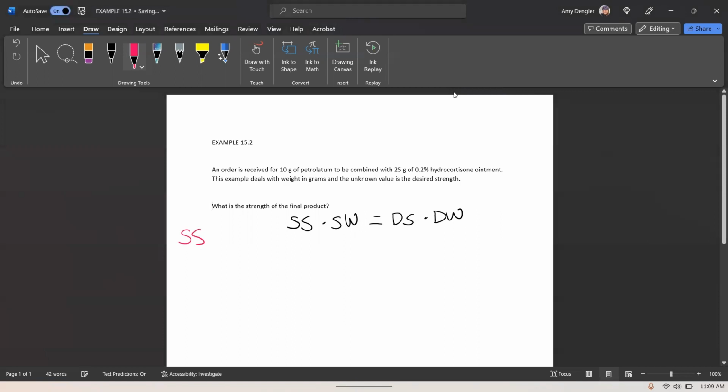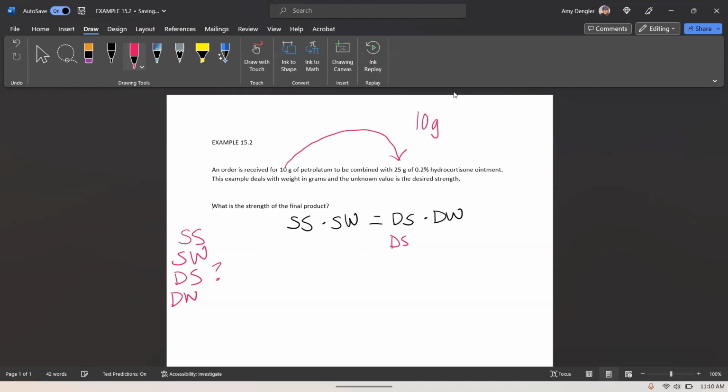So over on my paper on the side, I'm going to just write out the variables so it's easier to plug in. And it's already told us that our desired strength is going to be our unknown. So I'll put the question mark there. Now our desired weight is going to be the 10 grams the doctor ordered, plus they want us to combine it with 25 grams of ointment.